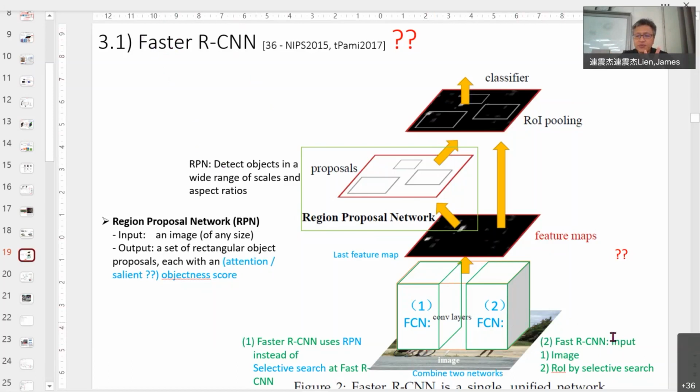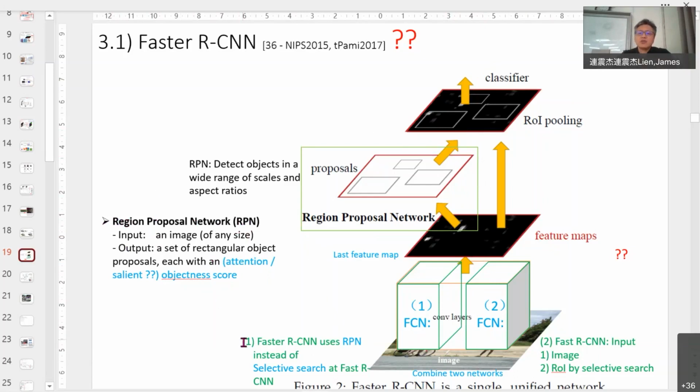One is the original Fast R-CNN. The second is the region proposal network, which is for bounding box detection instead of selective search.